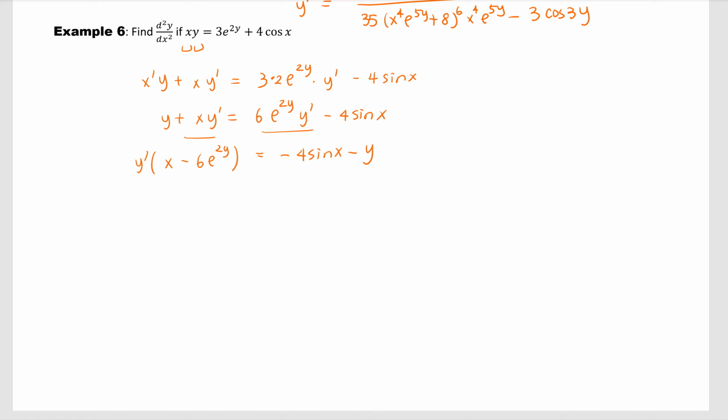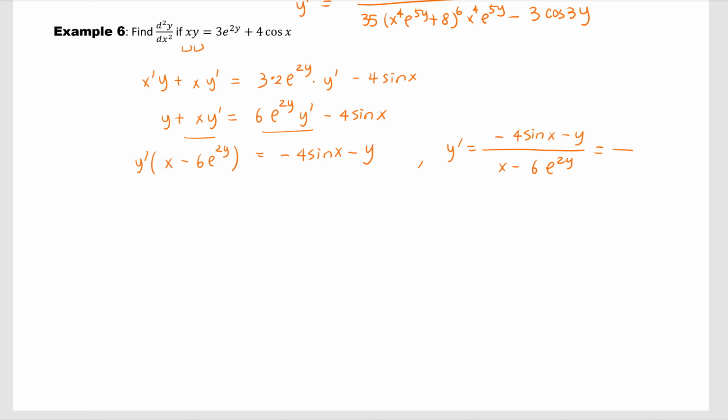Is that okay, everybody? So you can see I also factor out y prime because then I don't need to write one more line for this step. And then my y prime is negative 4 sine x minus y over x minus 6e to the 2y.